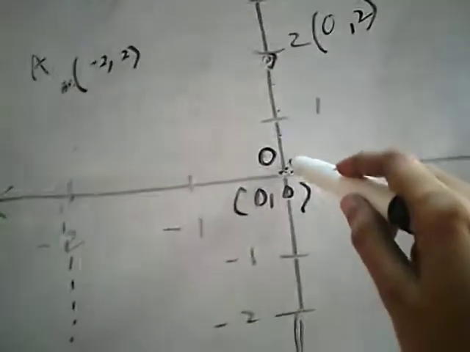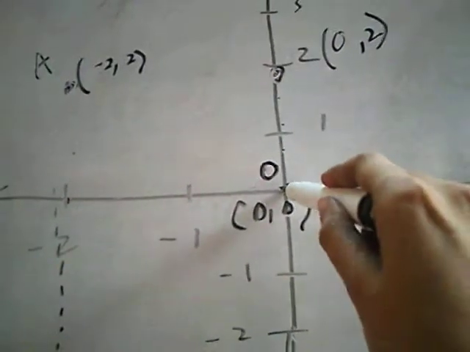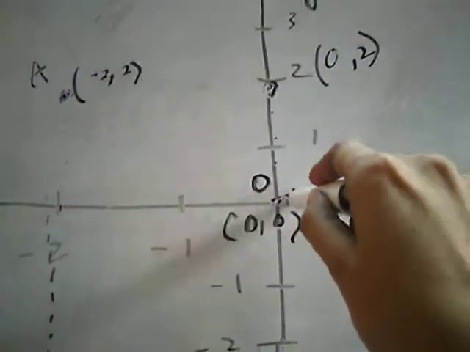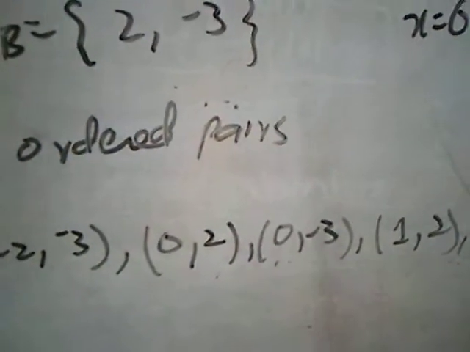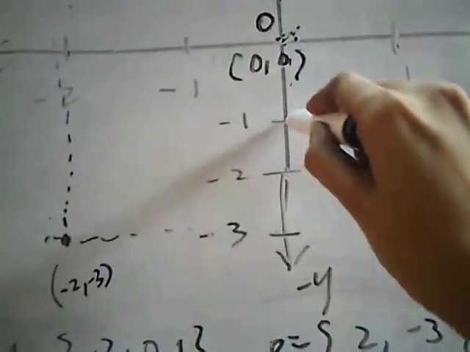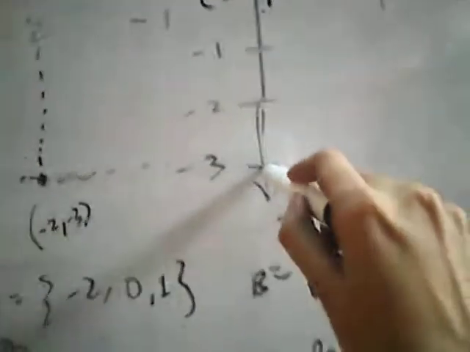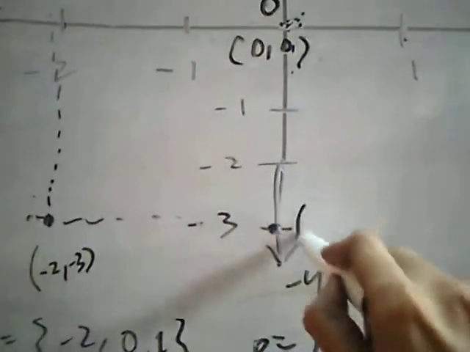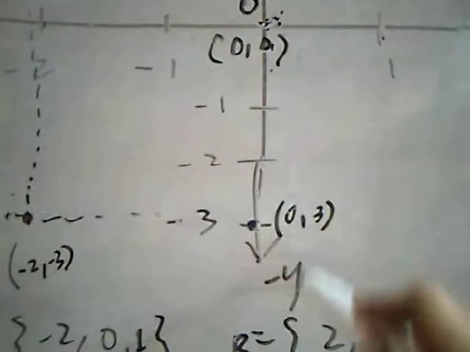Then 0 and -3. Over here x is 0 and y is also 0. But in this ordered pair you have x 0, but y is -3. So we'll go downward by 3 units. Over here we'll mark it. This is 0 and -3.